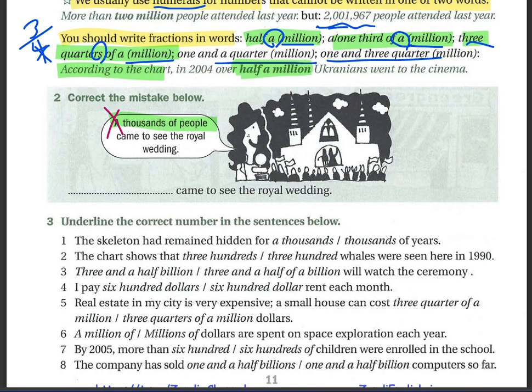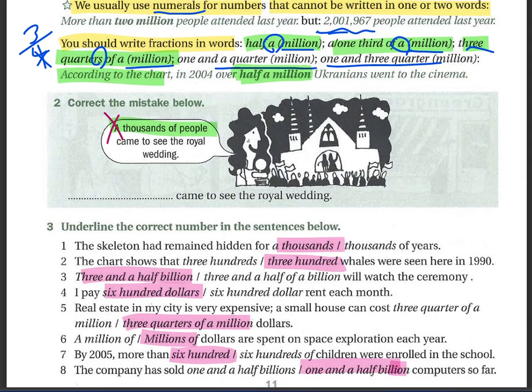Thousands of people came to see the royal wedding. Great. Now look at part 3. Underline the correct number in the sentences below. So please, again, pause the video, do this part, and then check with the correct answer. You can check your answer here.